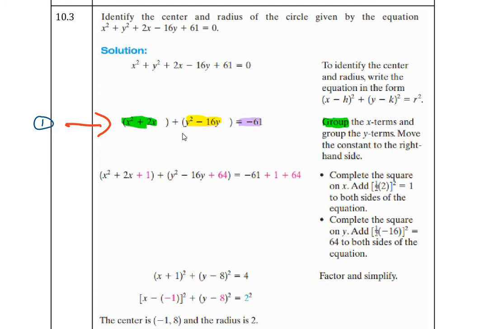So what you can do now after this step number 1, as a step number 2, is you can say, listen, I know now that's going to be a square, and I know now that is going to be a square, and I have my negative 61 here. Okay, and then you just go for your x. Remember, the square must now go away.